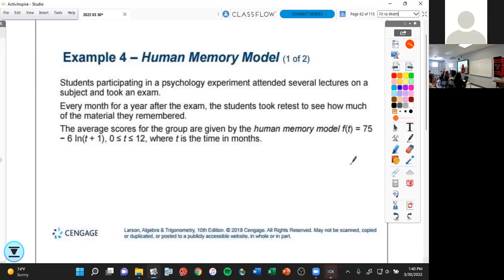We just finished the material, we're taking the test. What does t equals 12 represent? 12 months later. That makes sense? Okay, so 75 minus 6 natural log of t plus 1.